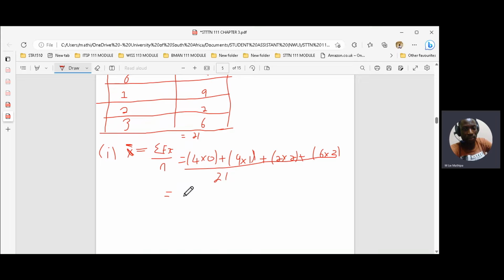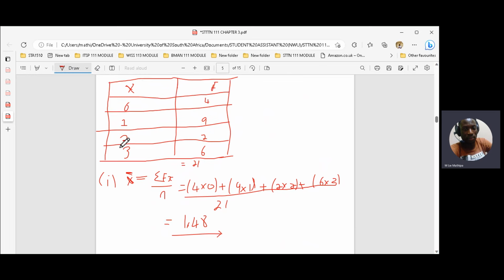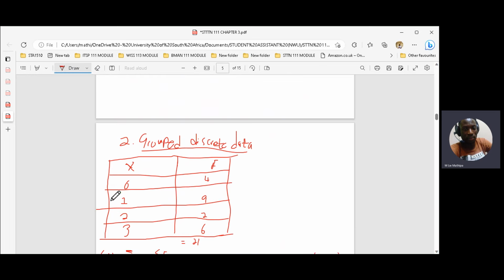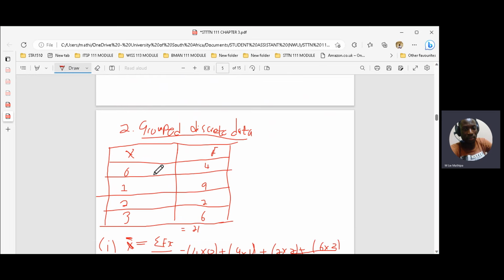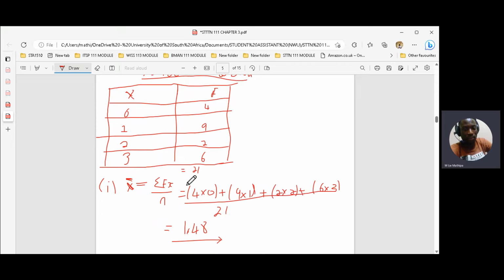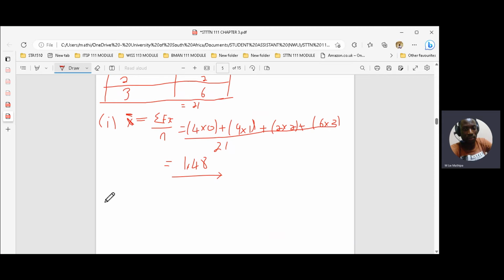If they say round off your final answer to 2 decimal places, then you will have 1.48 as the mean here. This is how we calculate the mean for grouped discrete data. For grouped discrete data, you'll always be given something like this. Hope you all understand.